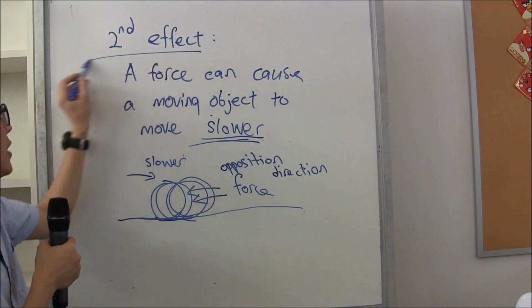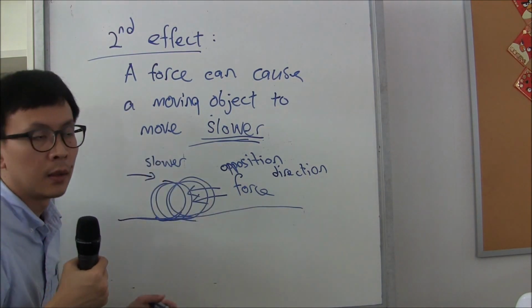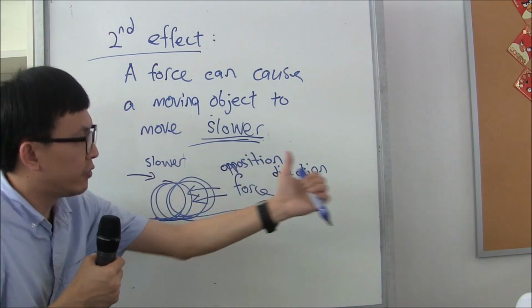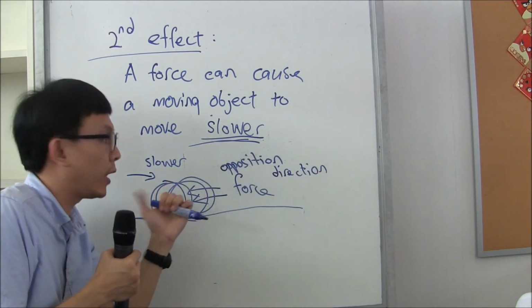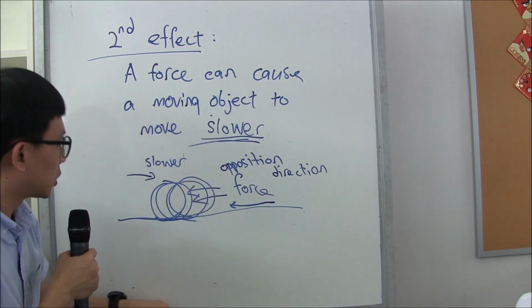So again, that's the second effect. A force can cause a moving object to move slower. Earlier I mentioned faster if you apply a force in the same direction. If you apply a force in the opposite direction, like what I'm showing here, it will cause the ball to move slower.